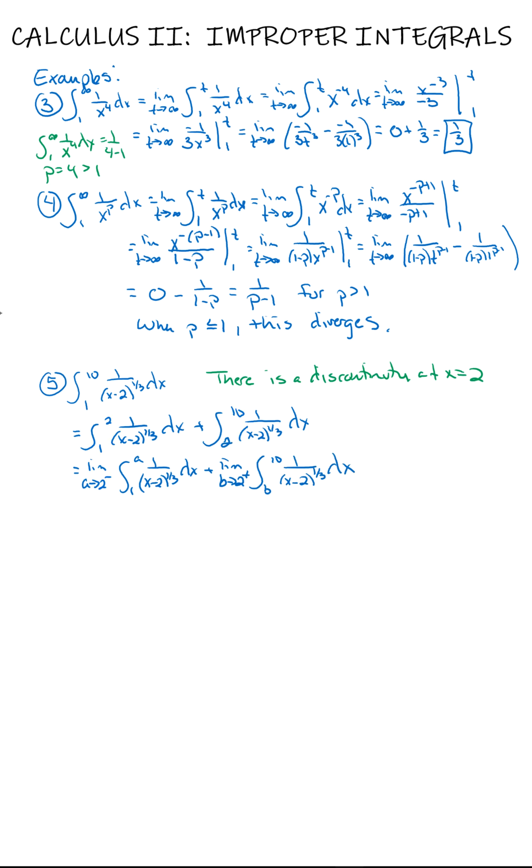All right, now how in the world do we work with these integrals? Well, if you want to rewrite them, it's not a requirement, but let me go ahead and rewrite this integrand as x minus 2 to the negative 1/3 power. This will require a u substitution, but a very simple one.